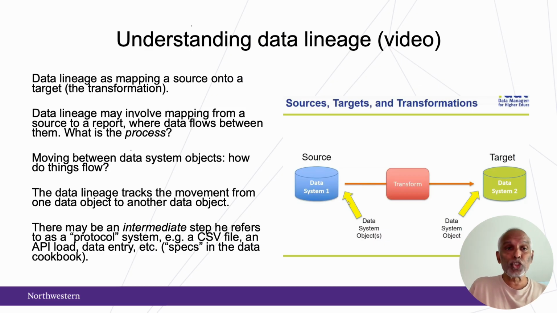So data lineage maps a source onto a target. I'll be modifying this slide because I feel that it could be done better. So for now, I'm going to pass this one.